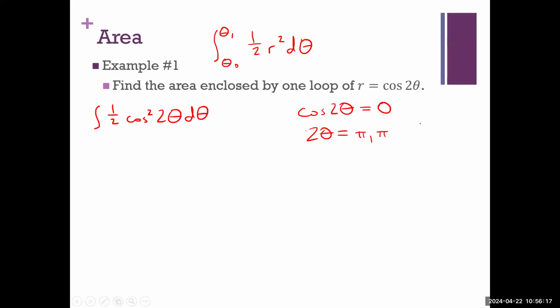We're looking for one loop, so any bounds will do as long as I enclose one loop. If 2 theta equals pi and 3 pi, then what's a good set of bounds for theta? Pi over 2 and 3 pi over 2.